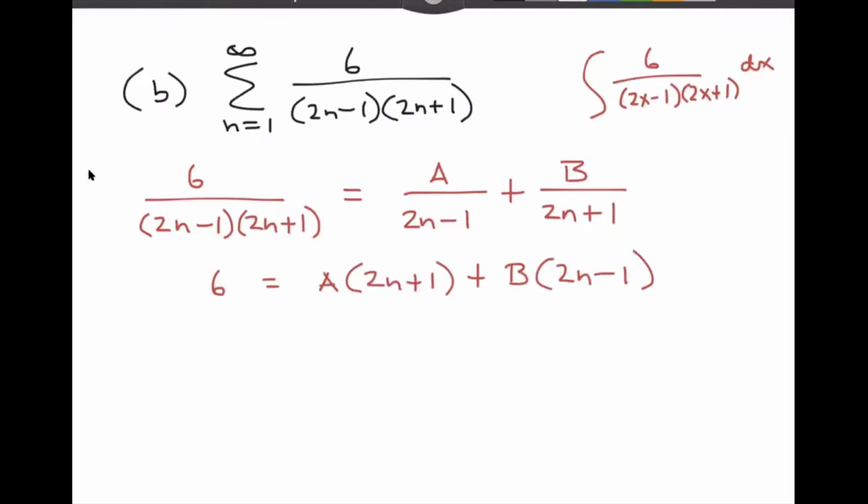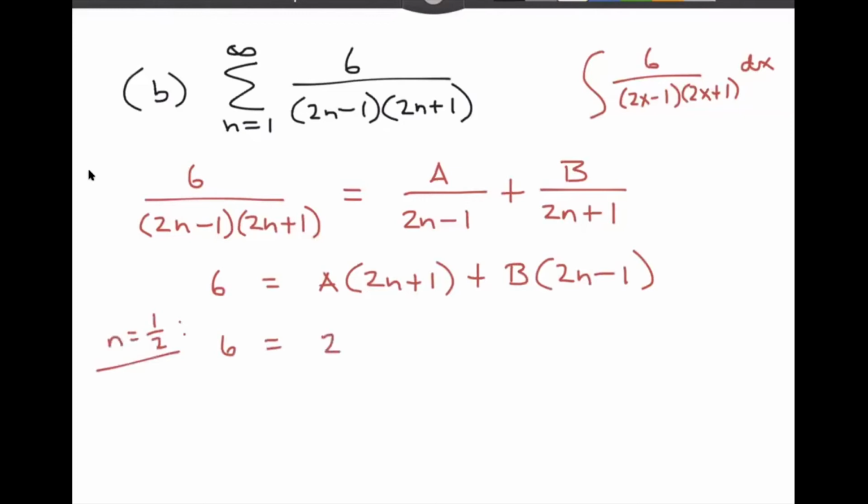Now, even though n has to be a positive integer in the series, that doesn't mean we can't use my trick of filling in convenient values of n to try to solve for A and B. For example, n equals 1/2 would give me 6 equals A times 2 times 1/2 is 1, 1 plus 1 is 2.